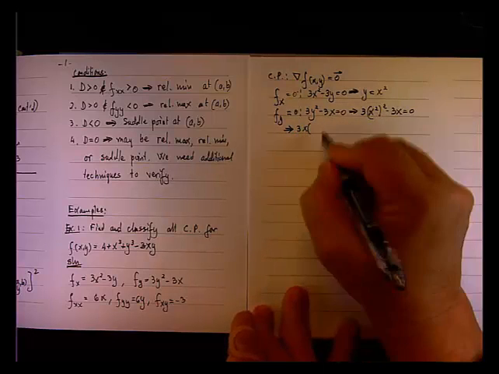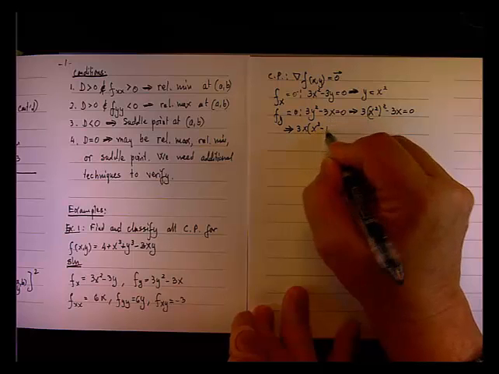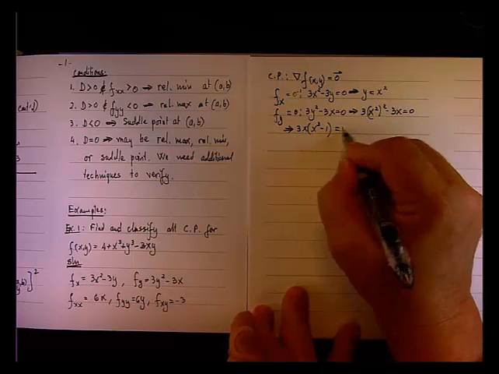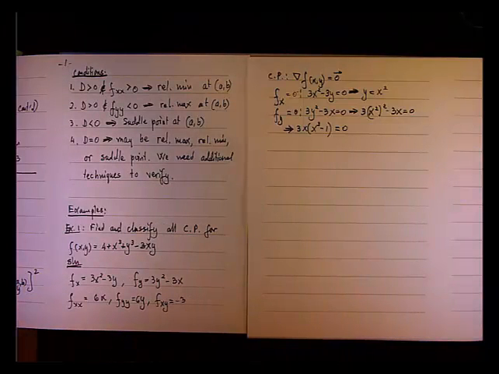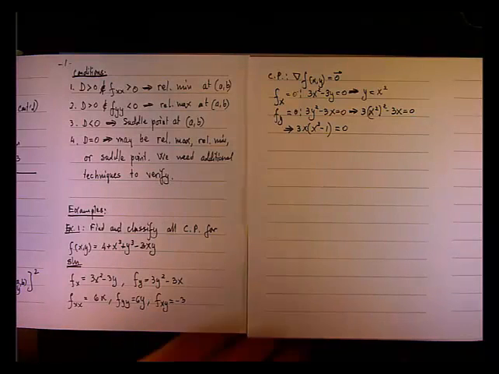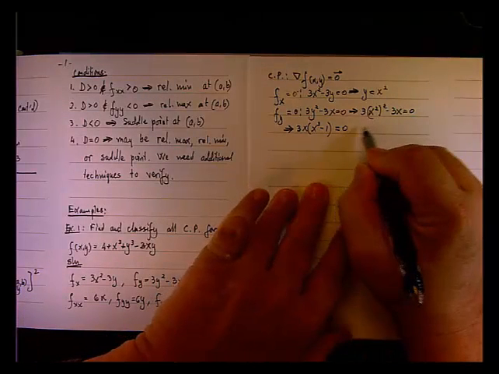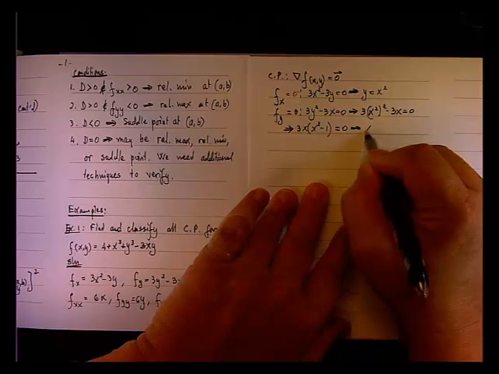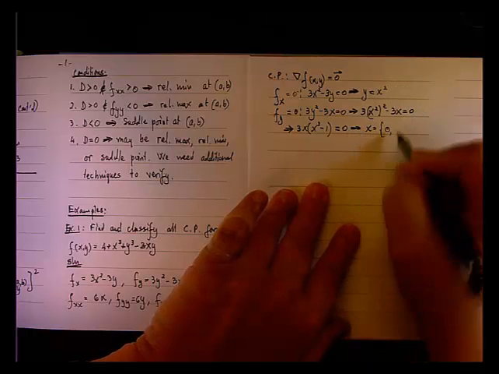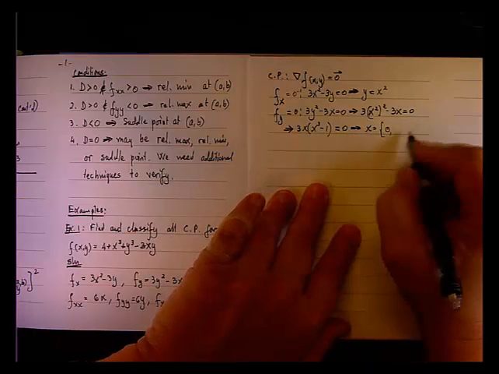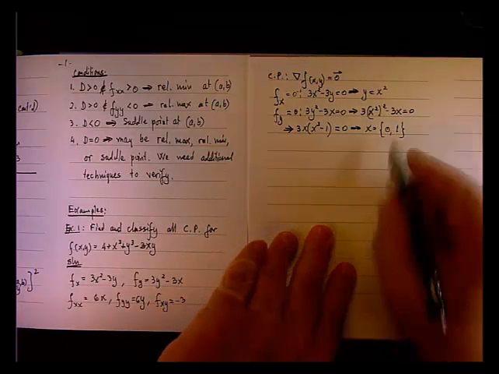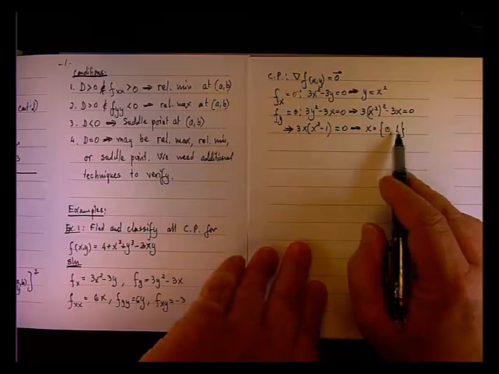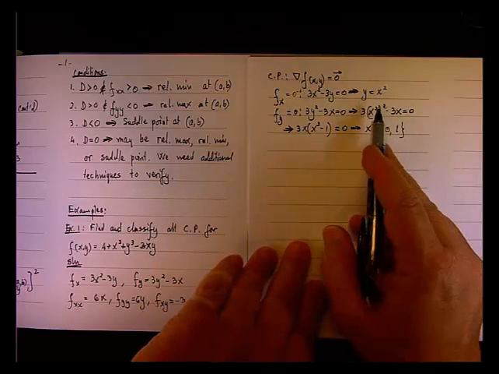All right, I can see that I can factor 3x out of this. So 3x, and what's left is x cubed minus 1 equals 0. We have two solutions here. One solution is x equals 0, and the other is x equals 1.